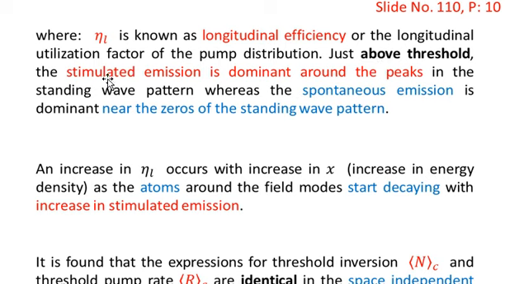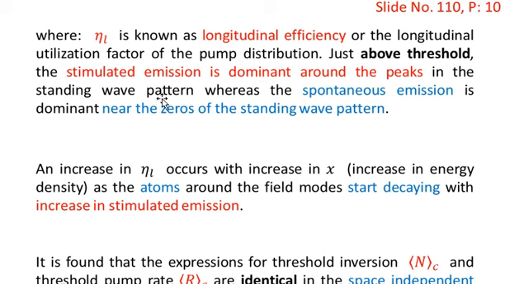Just above threshold, the stimulated emission is dominant around the peaks in the standing wave pattern, whereas the spontaneous emission is dominant near the zeros of the standing wave pattern. So you see that here we have given very clearly that where the standing wave peaks occur, this stimulated emission will be dominant around those peaks.